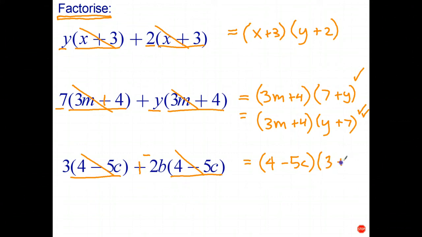So 3 plus negative 2b, and that's fine. Or if you prefer, 4 take 5c, and that becomes 3 subtract 2b. And there we have it.